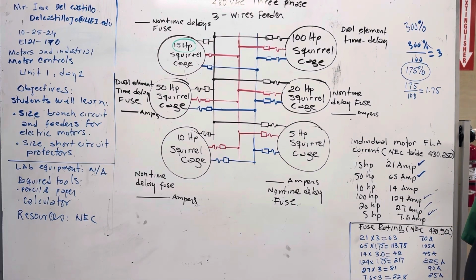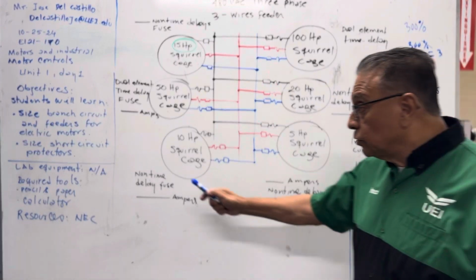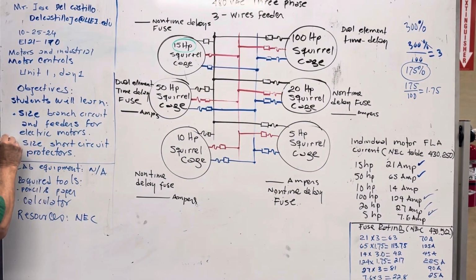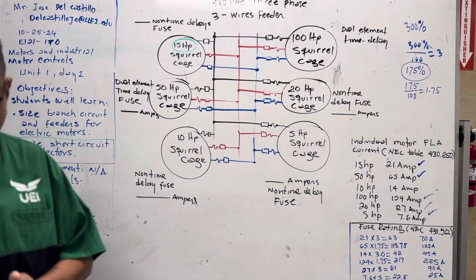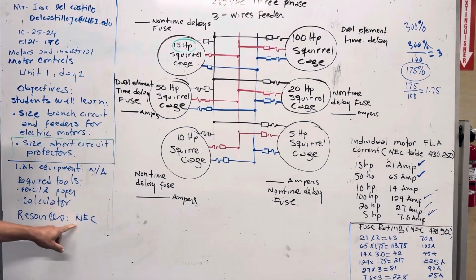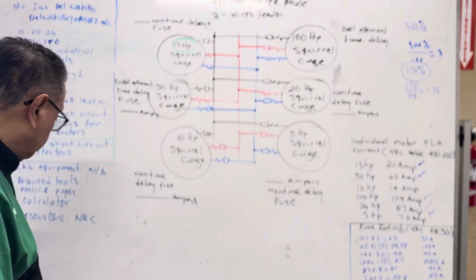This is the way that you determine the short circuit protection for electrical motor. This is the objective that you learn. So in conclusion, the first thing that you have to know is your resource, the NEC, which table?